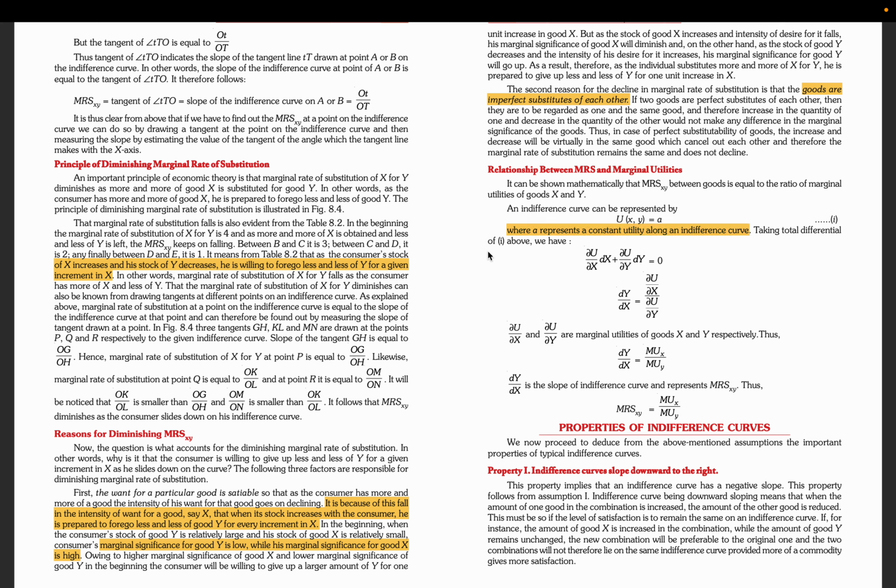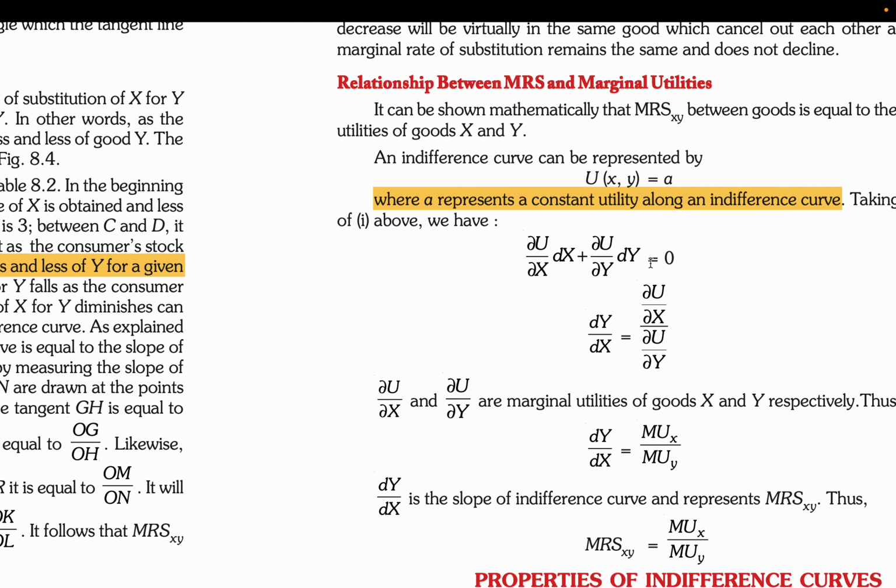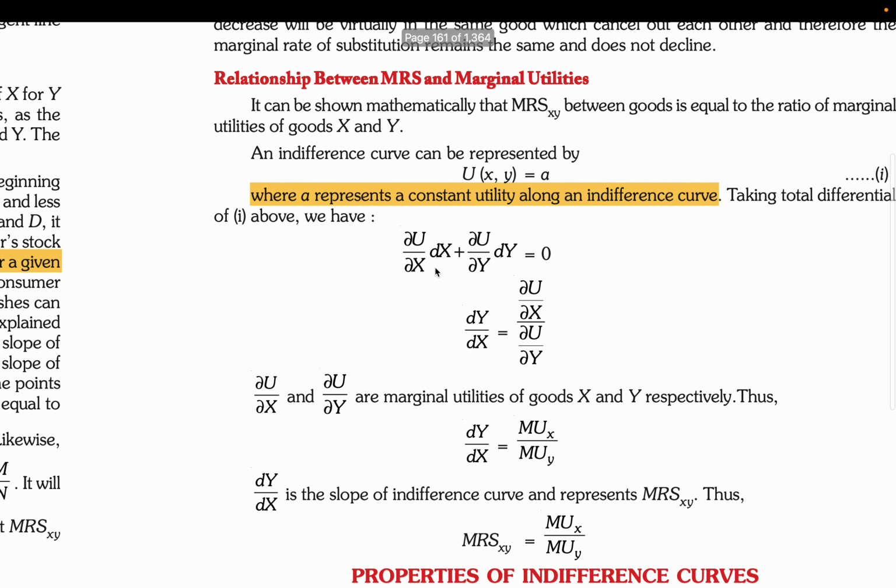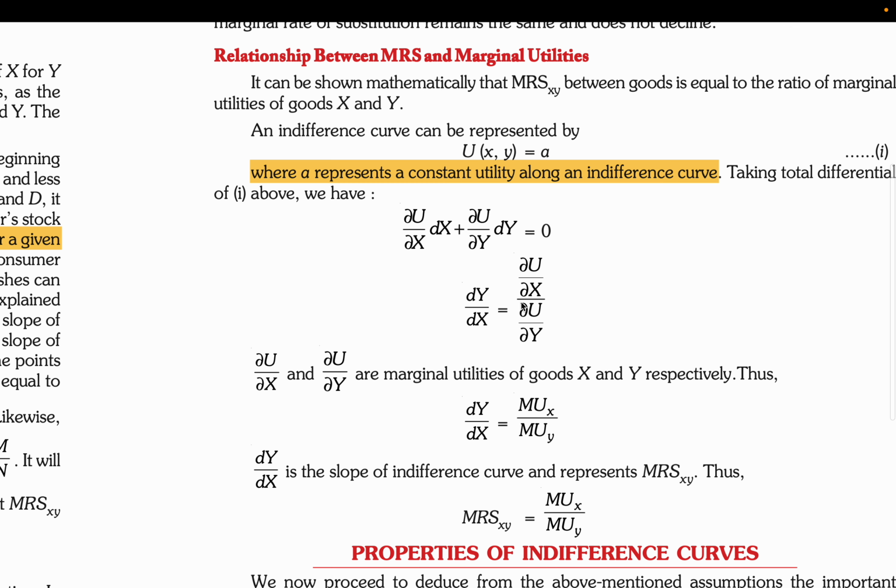Taking total differentiation of this, you get delta u by delta x dx plus delta u by delta y dy. For this you need to know some level of differentiation. Because U is a function of both X and Y, first you differentiate in terms of X, and then you differentiate in terms of Y.